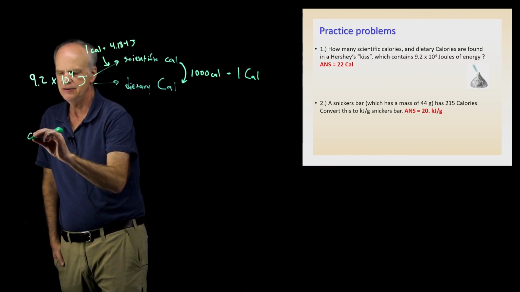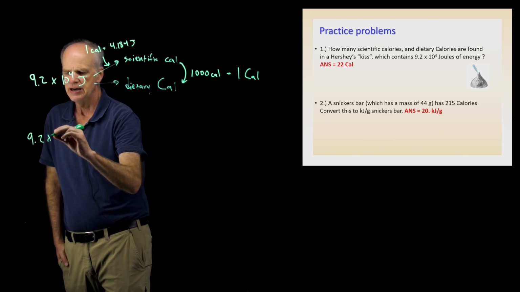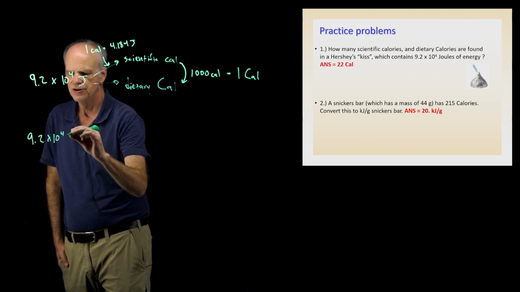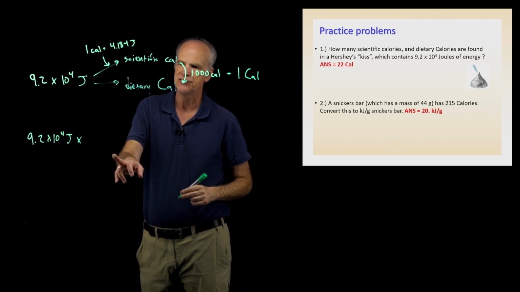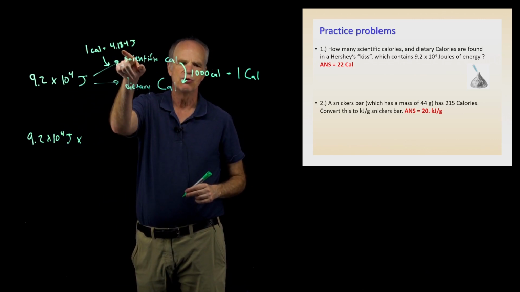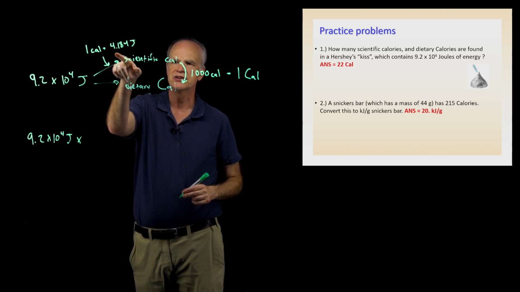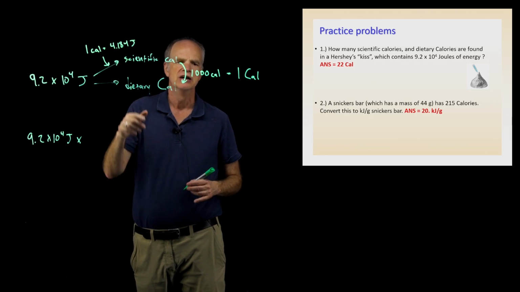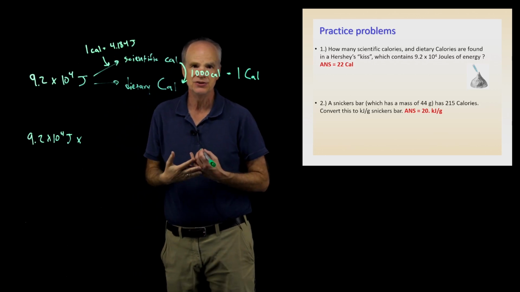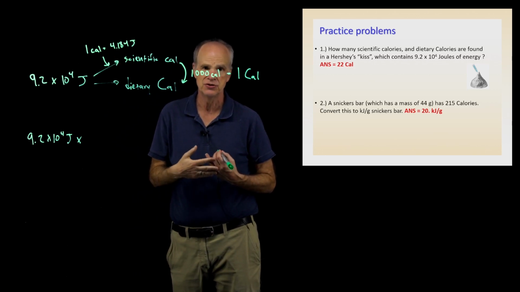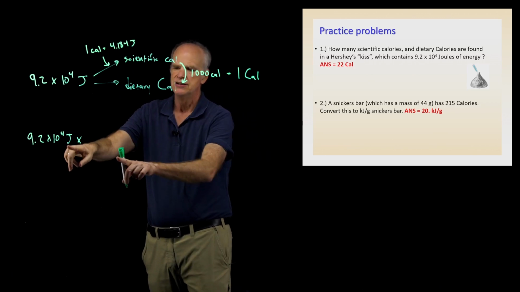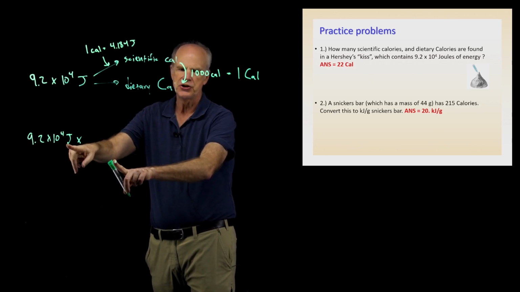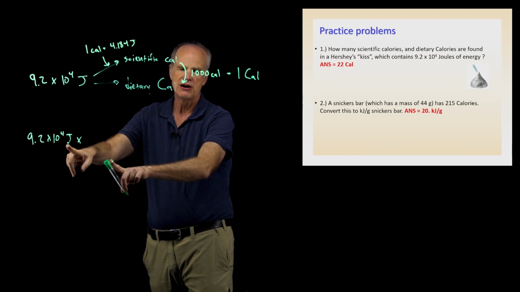So we have 9.2 times 10 to the 4 joules. First, we're going to get this into scientific calories. So we have an equality here. 1 scientific calorie is equal to 4.184 joules. I'm hoping that in your mind, you can think of the two fractions that you could possibly write to help you solve the problem. But the one we want is the one where we get joules here to cancel out with a fraction that has joules in the denominator.